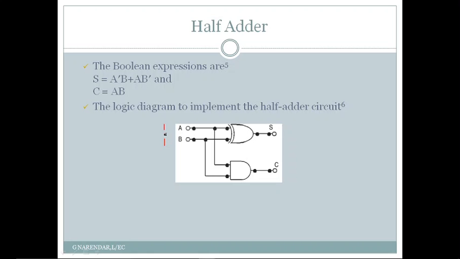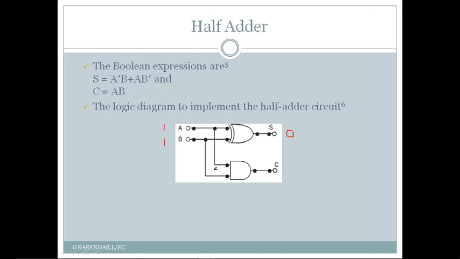These two bits are applied as inputs, and they are also the inputs for the XOR gate, and the output of the XOR gate will be 0, as the two bits are identical.